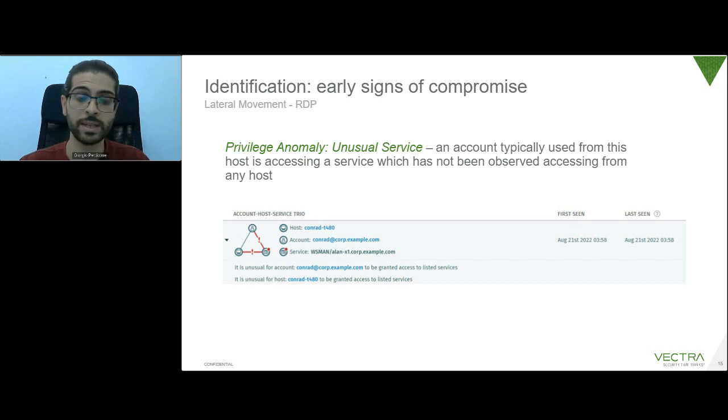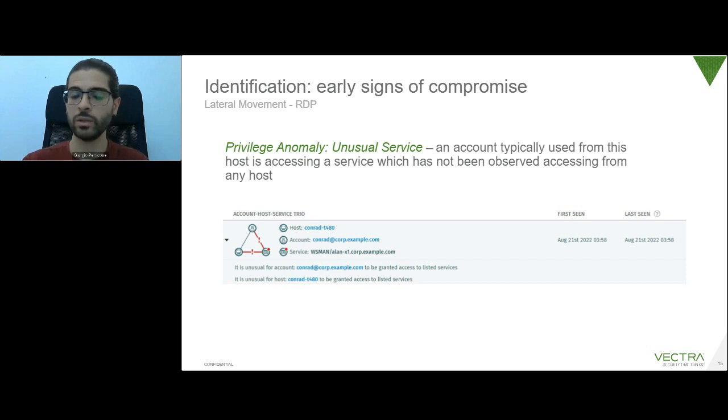So for example, in this case, you can see that the host and account were usually seen interacting together before, but this is the first time both of them are using this service on that target. So this is a way in which our platform helps you in better understanding your own environment. The platform tries to understand what are the common behaviors you should know as well at some level. And here you can see that this is an anomaly.